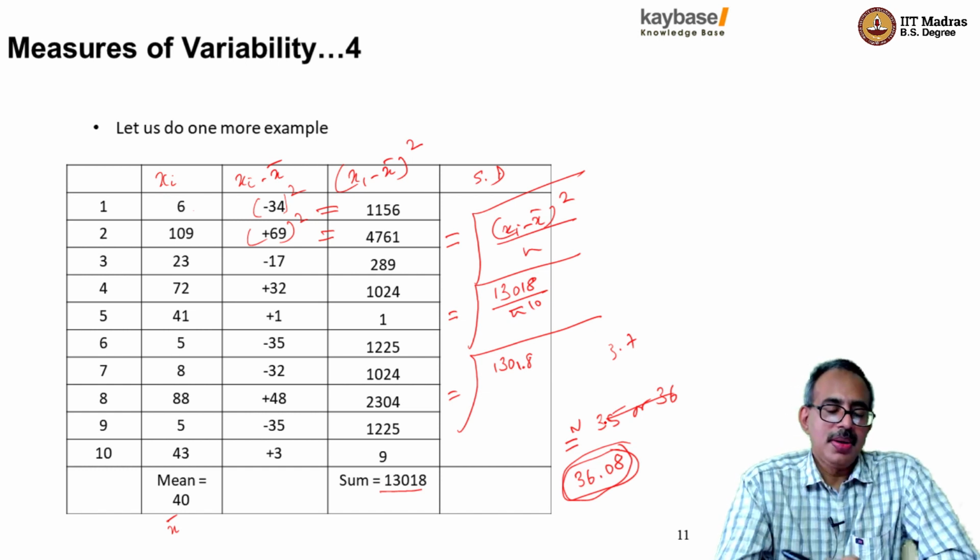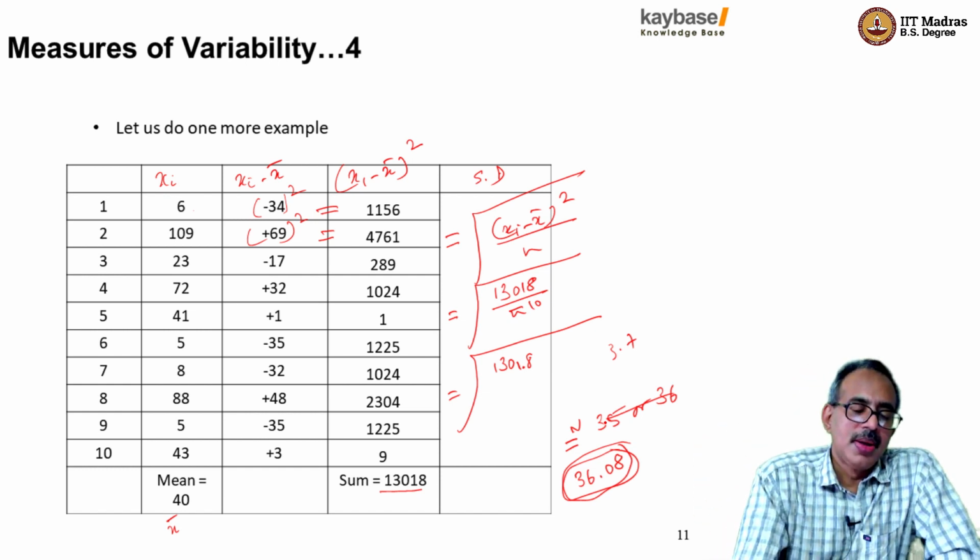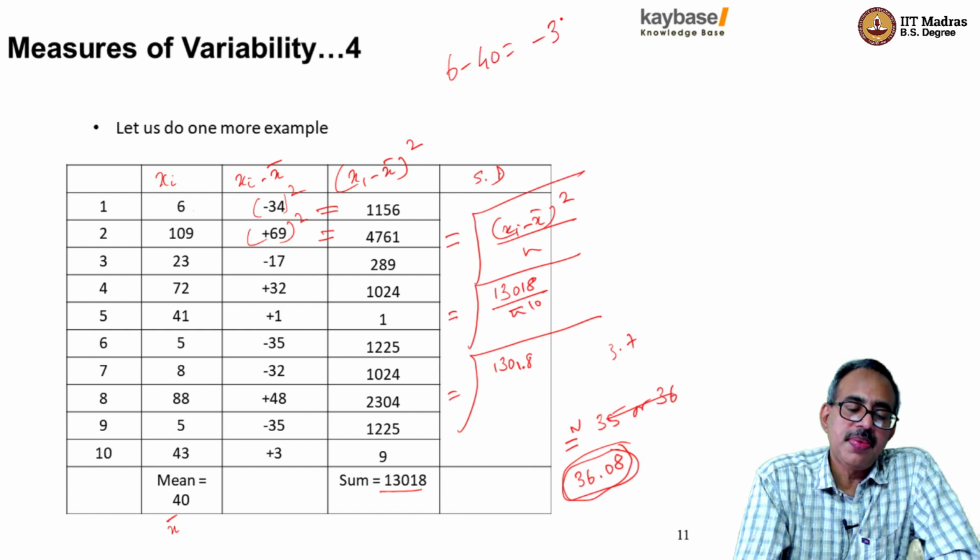So, for example, I mean, you're anticipating what we'll talk about later, but you can express 6, for example. 6 minus 40 is minus 34, which is approximately equal to the standard deviation.